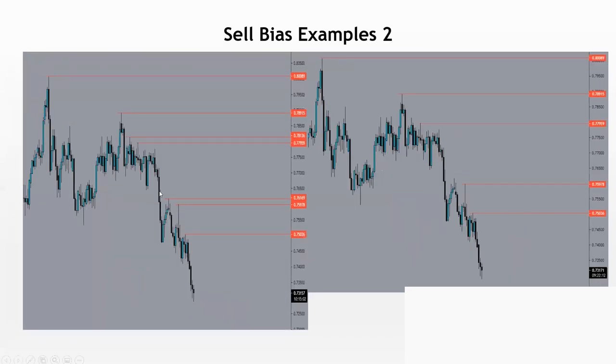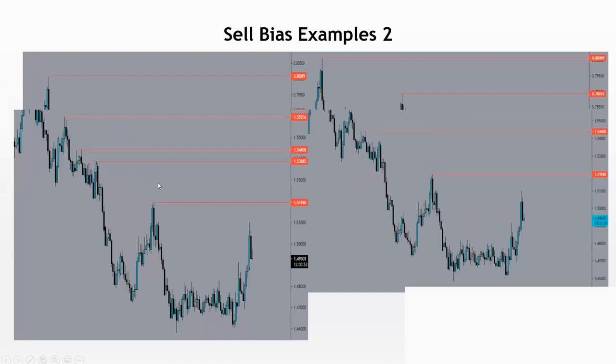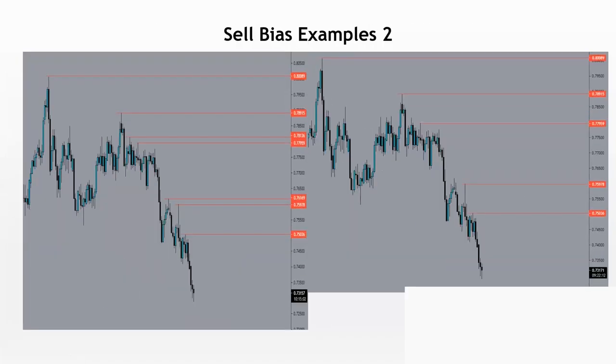So let's just look at another sell bias example. So these are untested lower highs within the market. You see, untested, untested, untested. That was tested, untested, untested, and again, pull back, new low, this was untested.